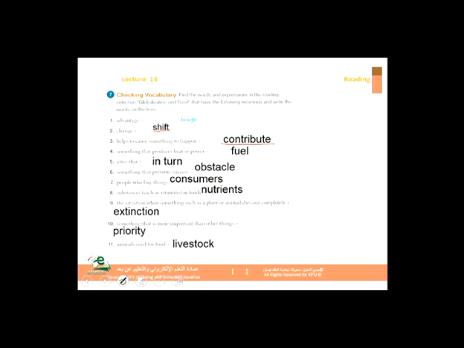Substances, nutrients. The situation when something, such as plants or animals, dies completely, extinction. Something that is more important than other things, priority, and finally, animals used for food are called livestock.